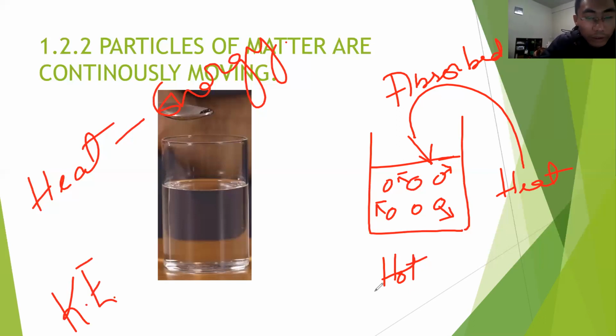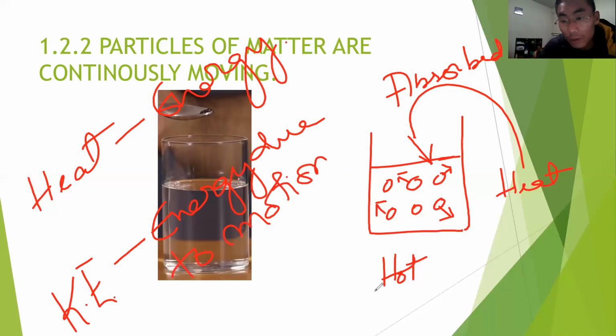Now, kinetic energy is nothing but the energy due to motion. So the speed of the particles increases. In the previous activity we came across that if the speed of the particles increases, then the speed of intermixing will increase.